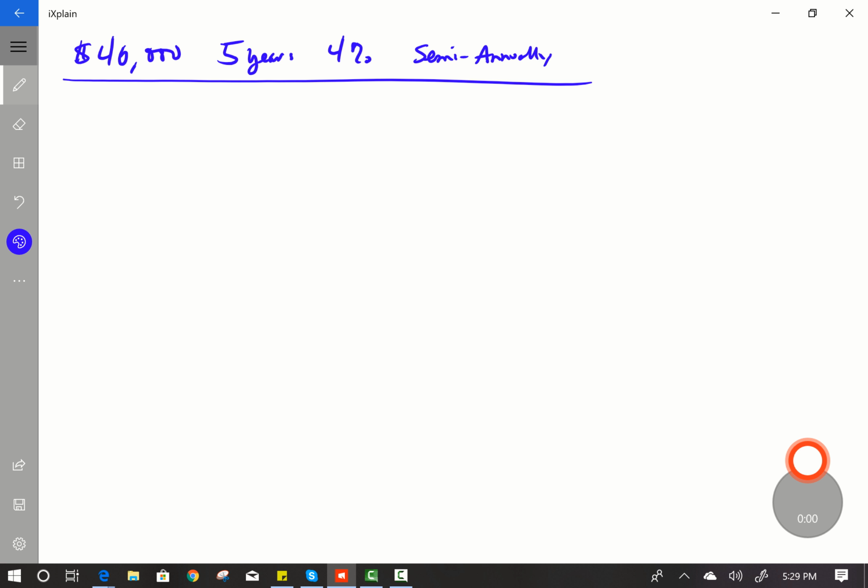That's a key component. The question there is how much will Lorna receive at the end of 5 years? That means she wants to know the future value. If she invests $40,000 today, how much will she have in 5 years? So this is just a future value table. Remember, there's 3 tables in this chapter.